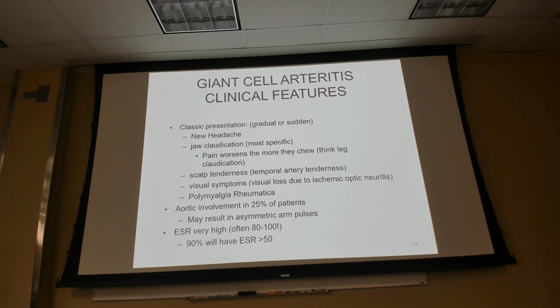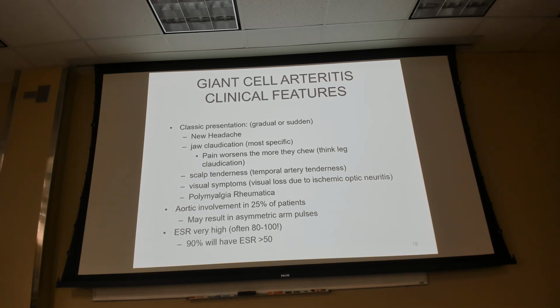25% of the patients can also have some aortic involvement. We would see that as we're looking at the radial pulses, and they are not the same. So when y'all are doing all of the pulses, as we've done since the beginning, this is part of the reason why we have to do it bilaterally.